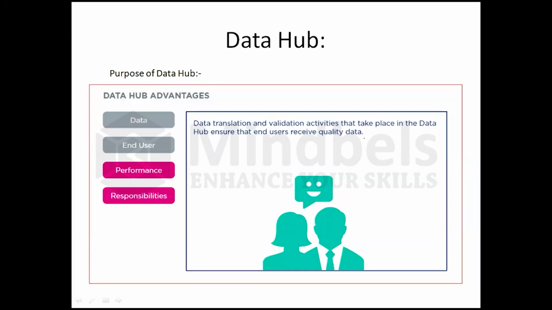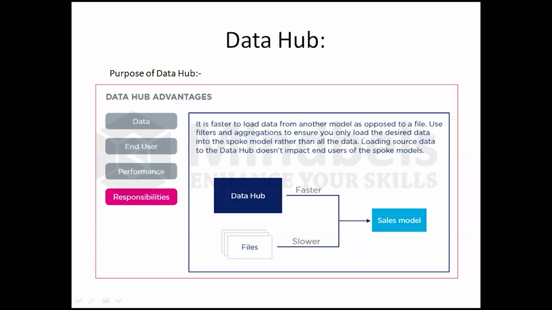To have good data, the data hub plays a vital role. In the data hub you can do ETL, like we were discussing: extract, transform and load. Similar activity you can have in the data hub, so if something is not correct in terms of data, you can fix it and only then send it to your spoke model. It will help to increase the quality of data, so the end user will be benefited accordingly.